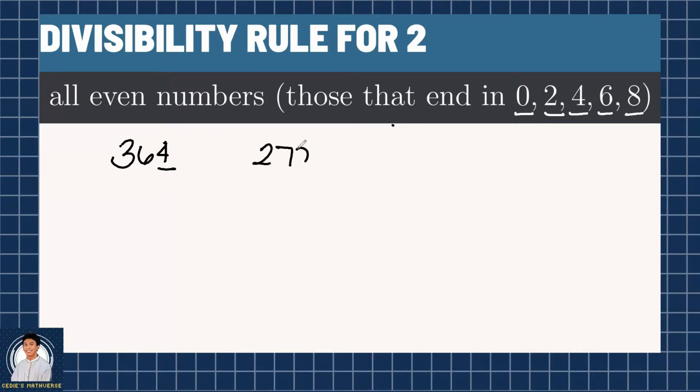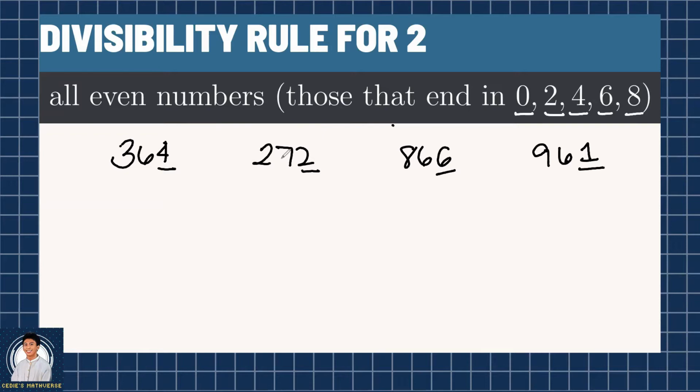The same goes for 272, 866, but not for 961 since it doesn't end in an even number. All we have to do is check the last digit and that's it. You will know if the number is divisible by 2.